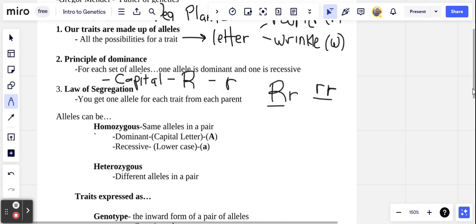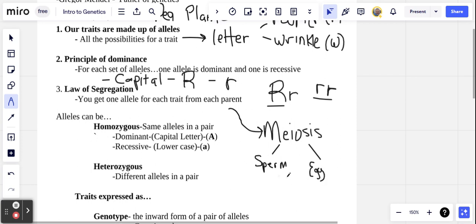The law of segregation says you get one allele for each trait from your parents. If you remember, we talked about meiosis. Meiosis is how a sperm and an egg are produced. And both of these have 23 chromosomes, which is half the number.